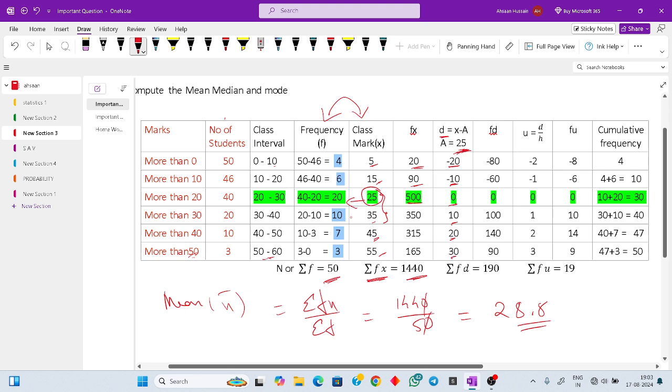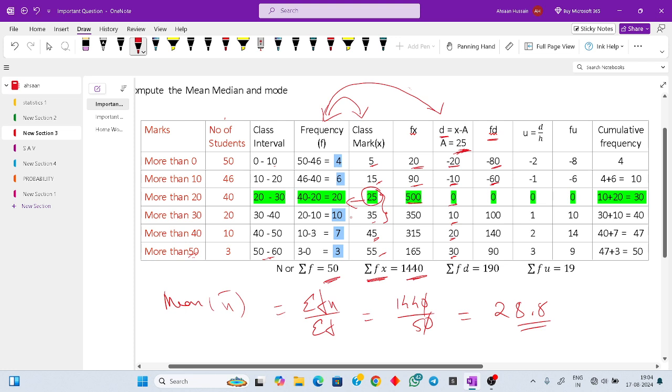So this column is not important in itself. We'll find fd, so frequency multiplied by d. So this will be 4 multiplied by minus 20, which is minus 80. Then 6 multiplied by minus 10 is minus 60.